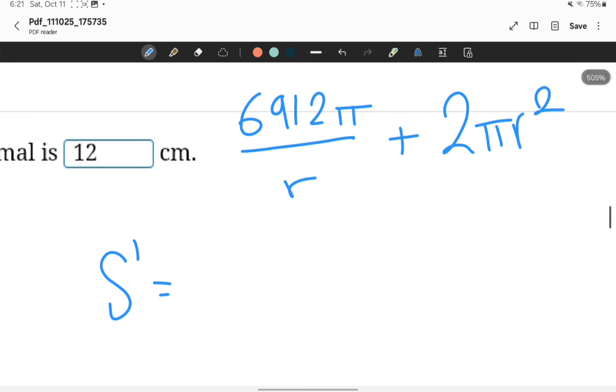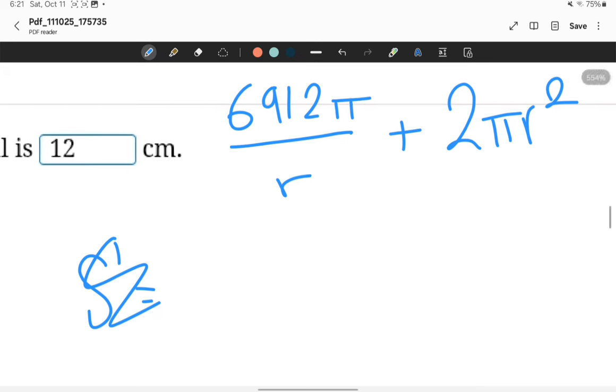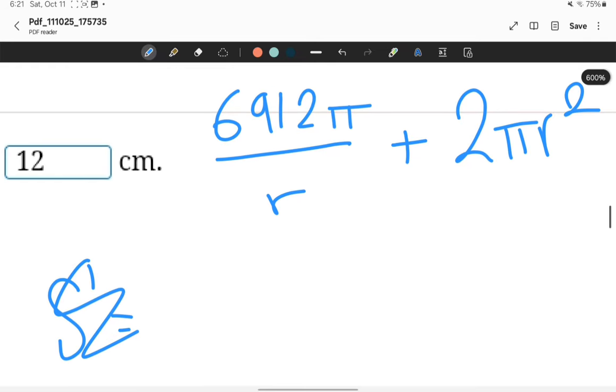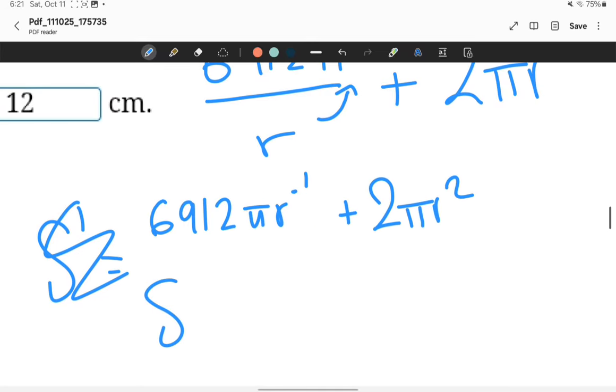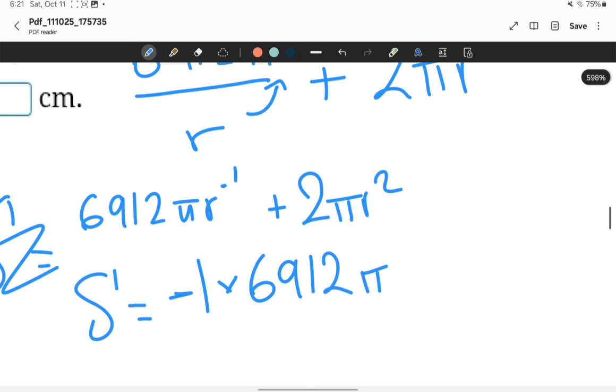So S prime would be, I'll first get it into a form where I can actually start differentiating. We need to take this r up, so it becomes 6912 pi r to the power of minus 1, plus 2 pi r squared. So now we can actually start differentiating. For this you just do the chain rule: minus 1 times 6912 pi, and then times r to the power of minus 2.